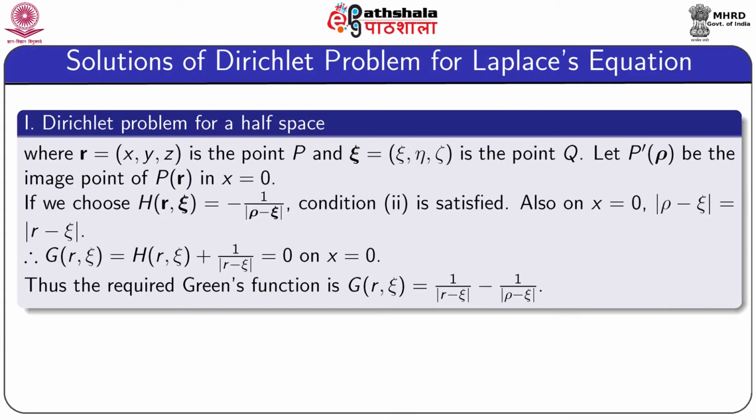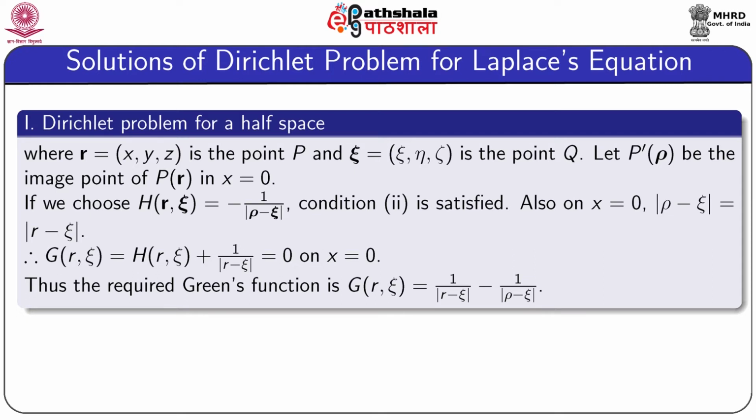Now, with this choice of P dash, we choose the expression for the function capital H as capital H equals minus 1 divided by mod rho minus xi. If we choose this, the expression for capital G becomes capital G equals minus 1 by mod rho minus xi plus 1 by mod r minus xi.